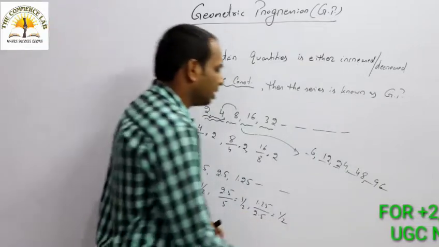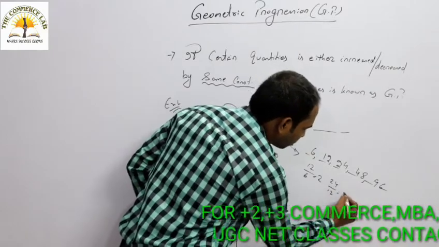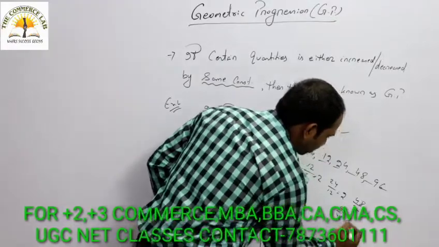Then the consecutive ratios are 12 by 6 is 2, 24 by 12 is 2, 96 by 48 is 2.